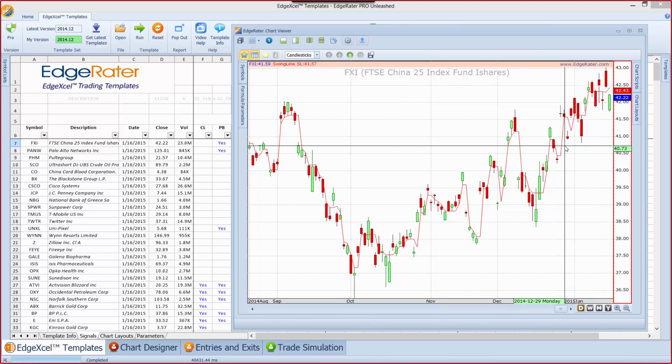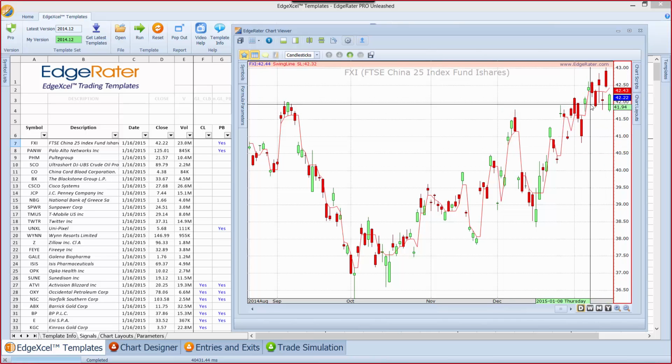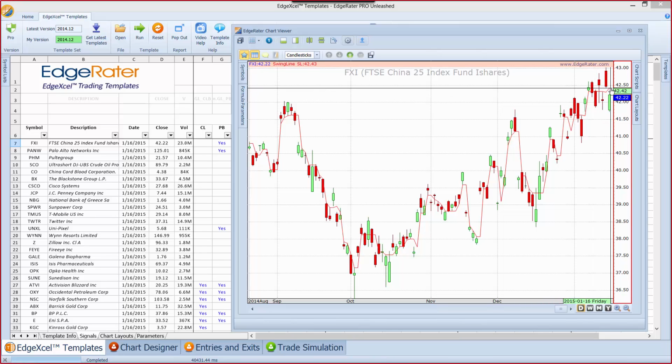So the red line in this case, when we're in the up direction, is always pegged at the highest low, and then this is the first bar that's completely below the highest low, indicating a potential change in direction. Let's take a look at a couple more.